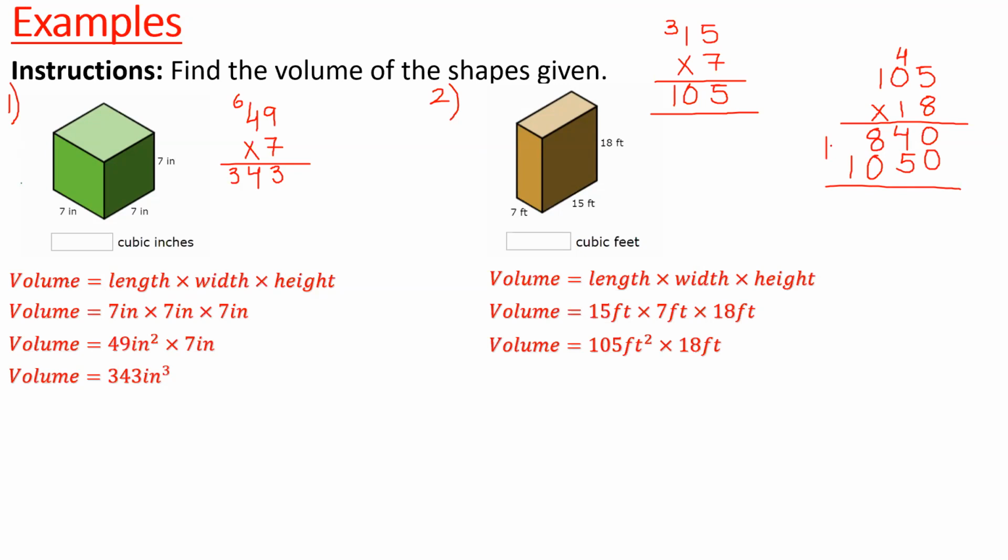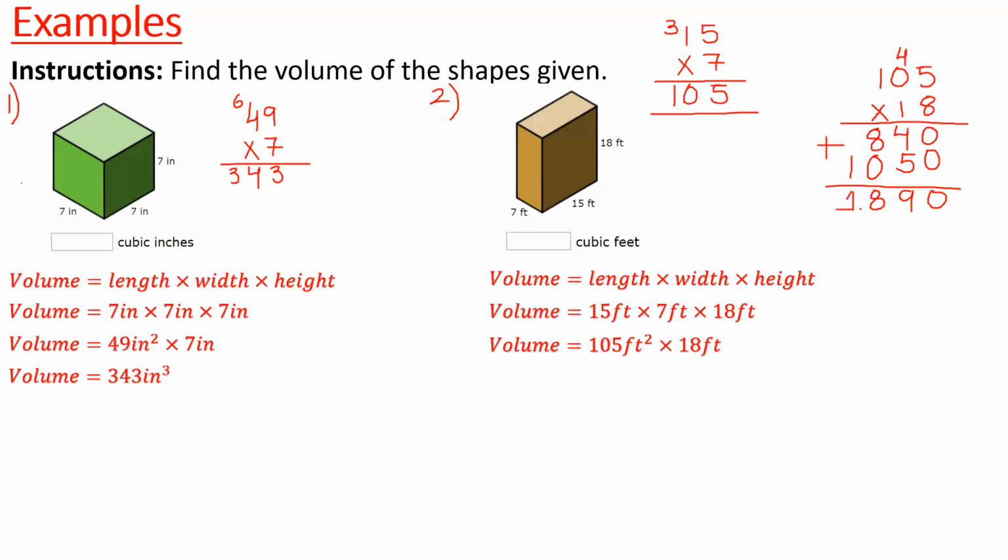We add them. 0 plus 0 is 0. 5 plus 4 is 9. 8 plus 0 is 8. And 1 plus 0 is 1.